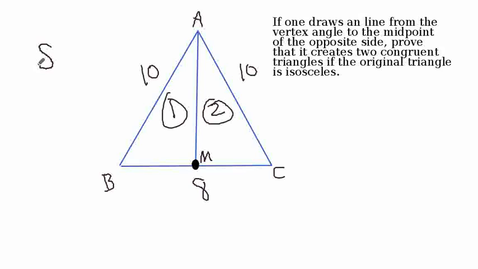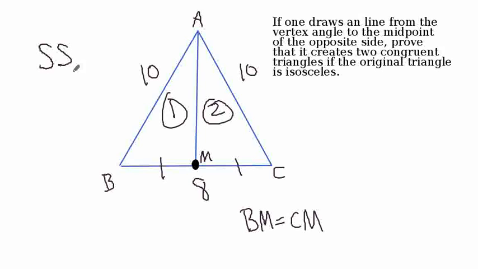Now, what does it mean to say that something is a midpoint? Doesn't that mean that this line segment has two equal sized pieces? So the bottom two, BM is equal to CM. So that means triangles 1 and 2 have another pair of congruent sides. So let's put another S.